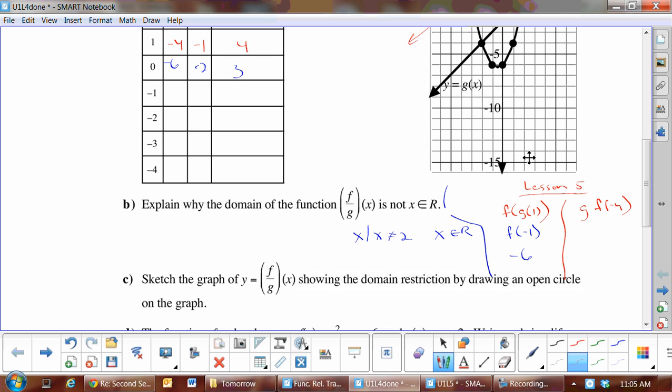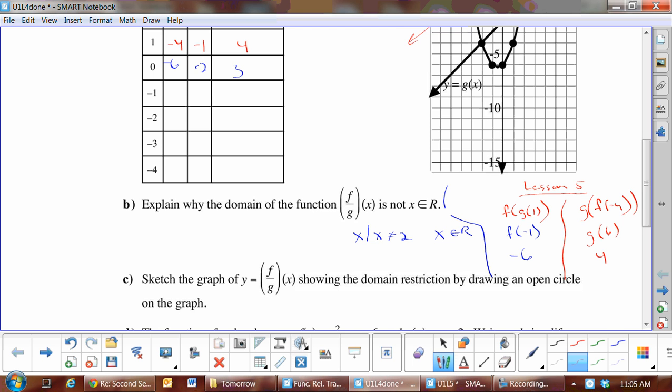Oops, forgot some brackets here. Yep. So what's f of negative 4? 6. So we are doing g of 6. G of 6 is 4.